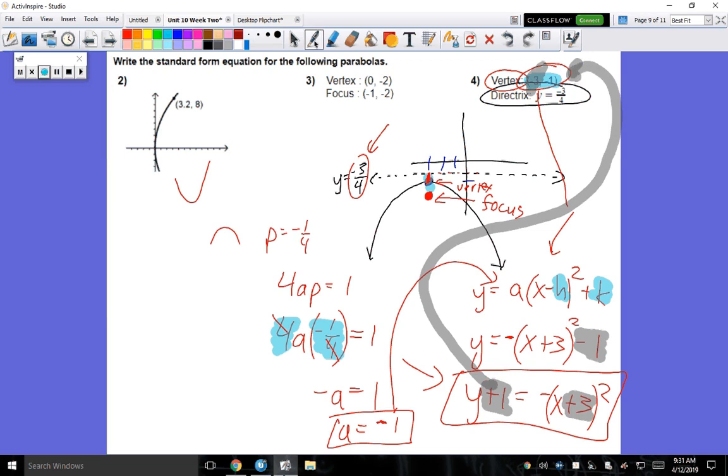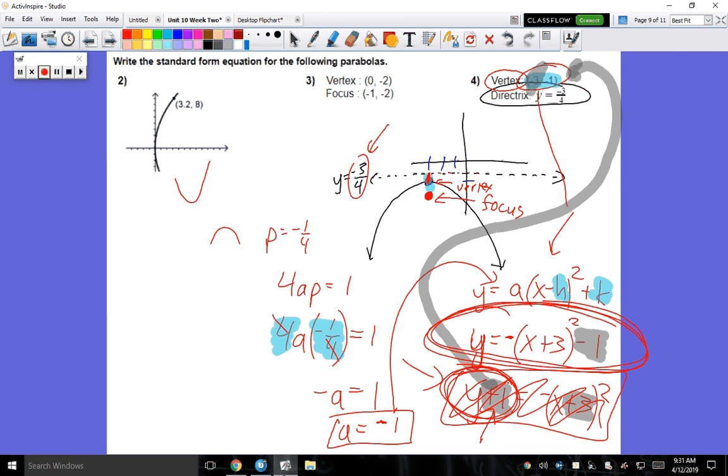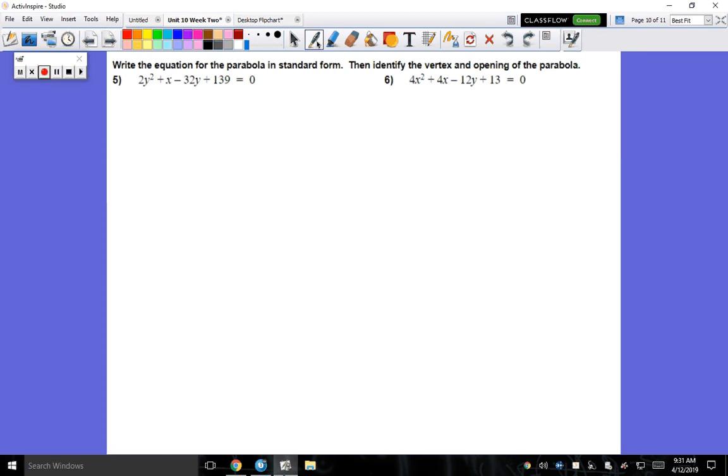So the reason why I want people to use this method is that you can use that extension from transformations that we learned this year. You just have to remember y has got to be by itself. Otherwise, even though there's no parentheses over here, you would have to interpret the opposite if you wrote it in this form. So I would hope that you would not write it in this form, that you could just algebraically manipulate it from here and understand how to draw it, how to write it, and how to find all the important points on the parabola.